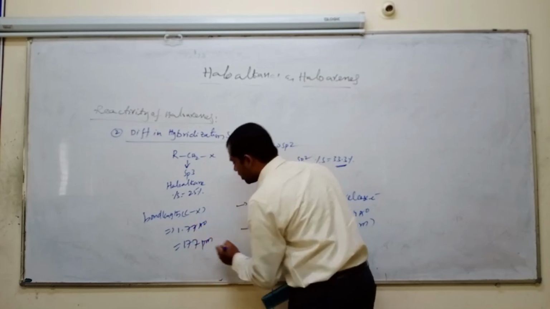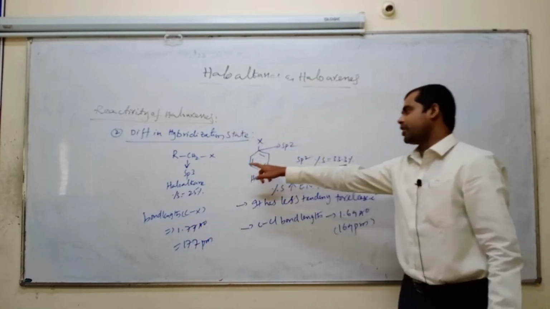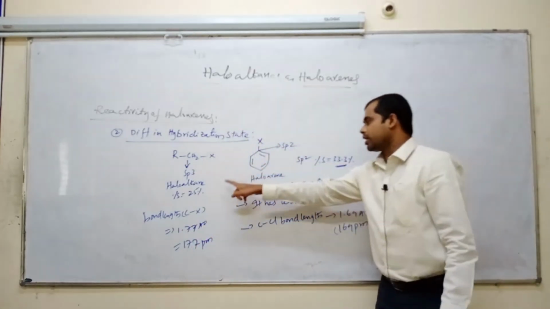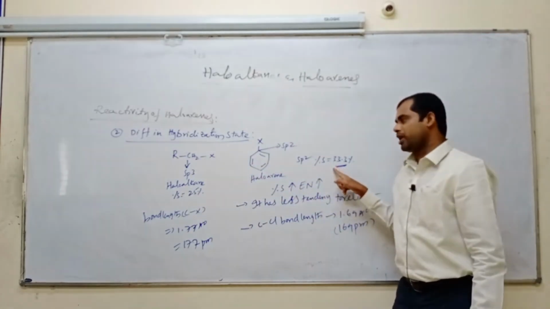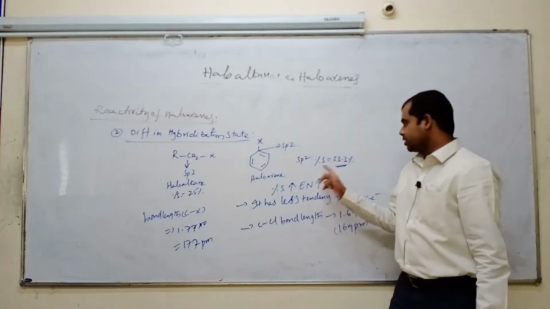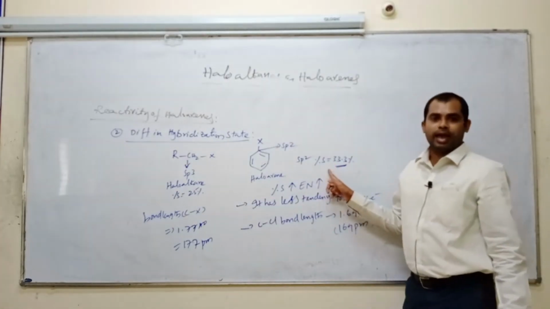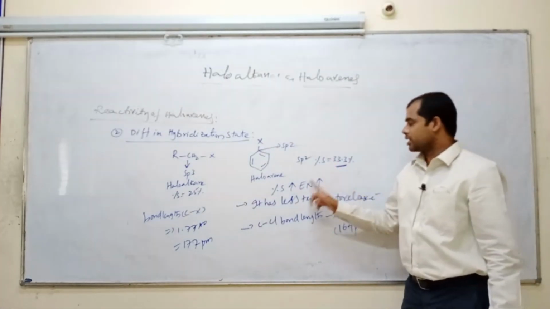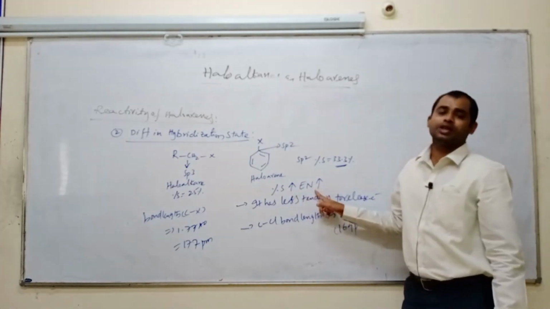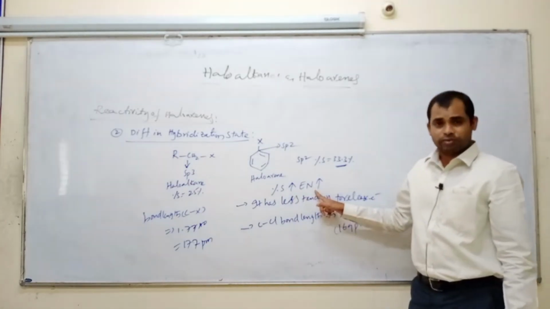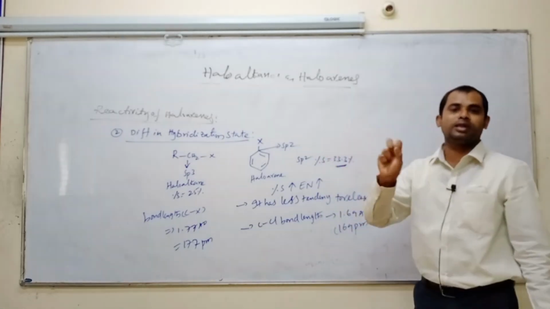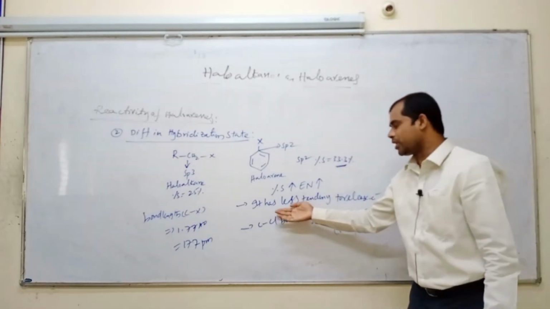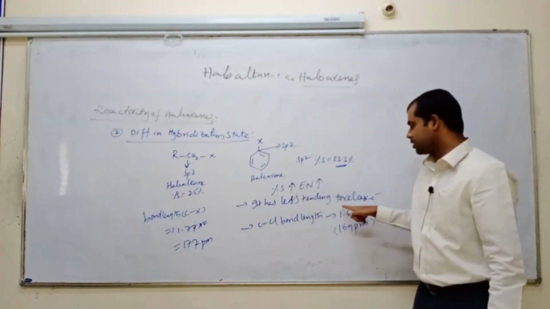So because of the difference in hybridization state: here sp3, here sp2; here s character 33.3, here 25. In haloarenes, s character is more, so electronegativity is more, the bond becomes very strong, and there is less tendency to release electrons.